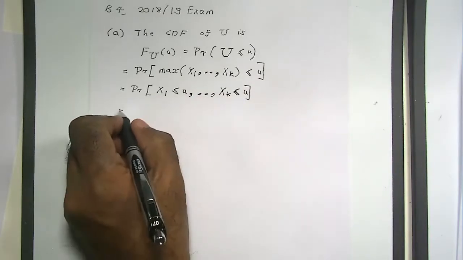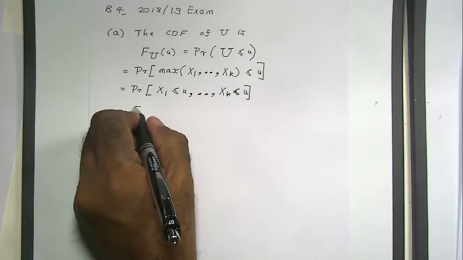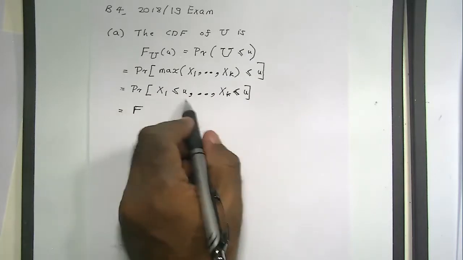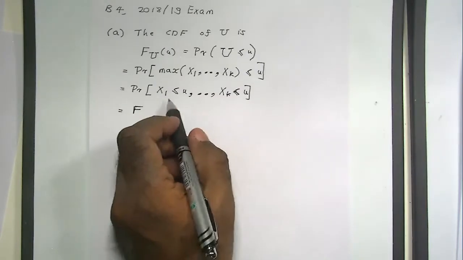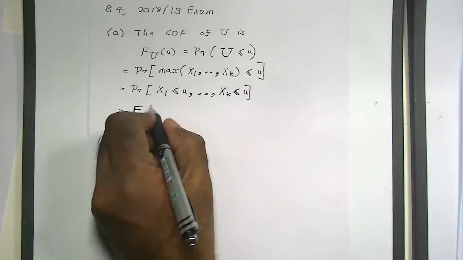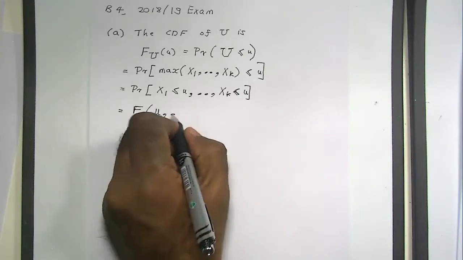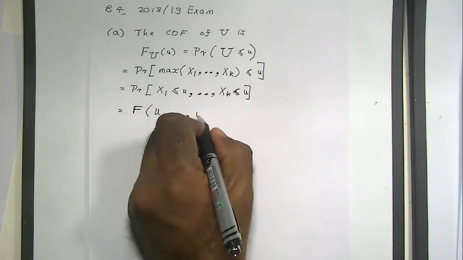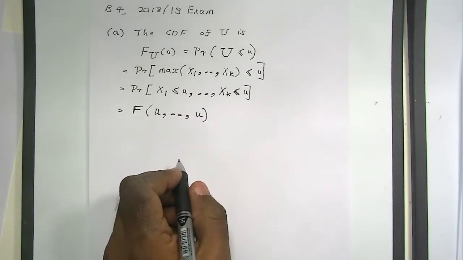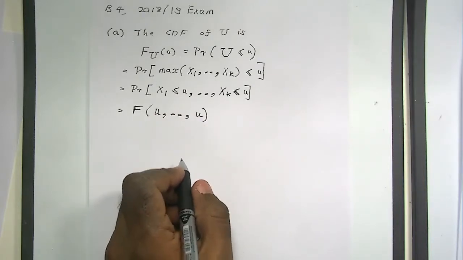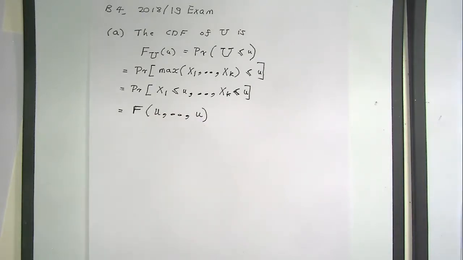This is the same as saying that this is the joint CDF of x1 to xk at u, by definition. I'm sure you know the definition of the joint CDF. Now the joint CDF is already given to us. It's this one here.